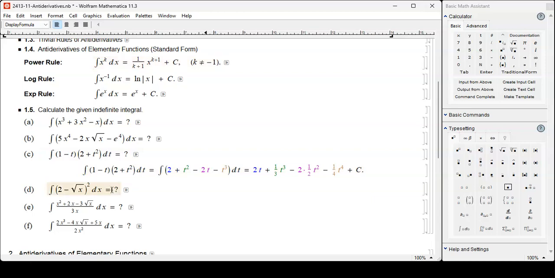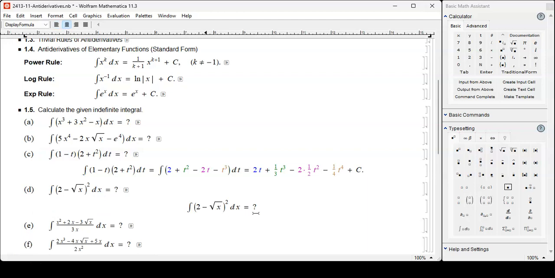Let's see, another problem here, and this one I'll just leave it as an exercise for you. This one is squared, but if you foil it out, and then foil it out, you're going to get a bunch of power functions, and then you can proceed pretty much the same as this.